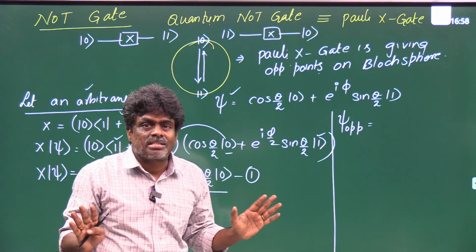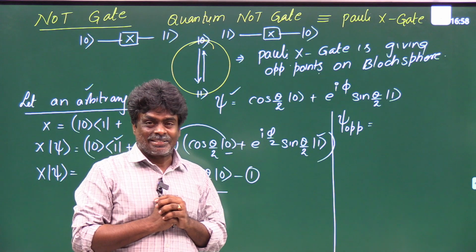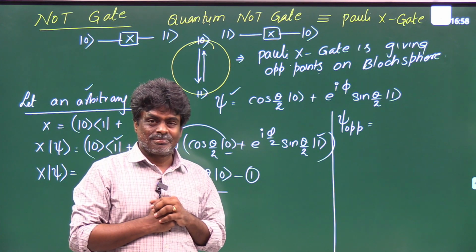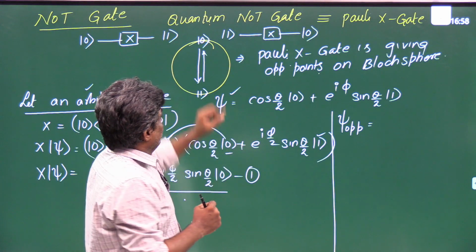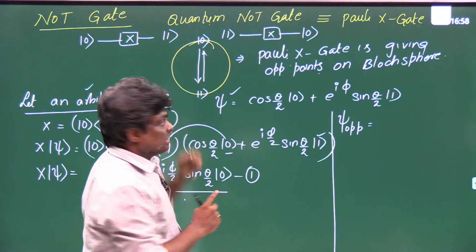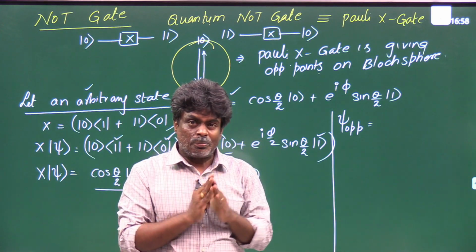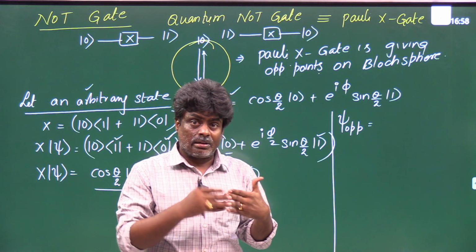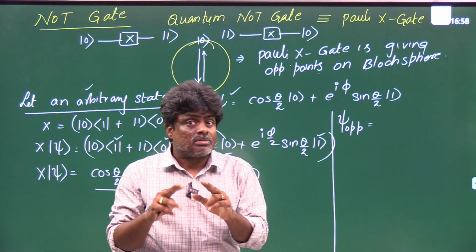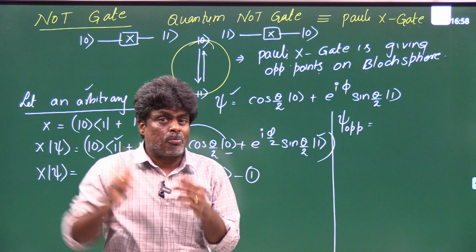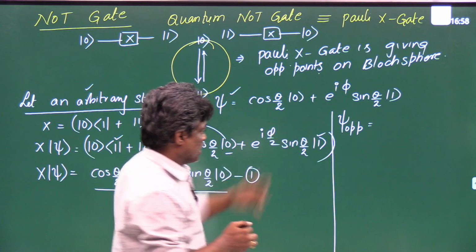If both are not the same, the X gate is not a universal NOT gate. I repeat, we have seen the X gate operation only for single qubits. Now I would like to check for a linear combination, will it be the same? That means, are you getting quite opposite points or not? That's what I am saying.